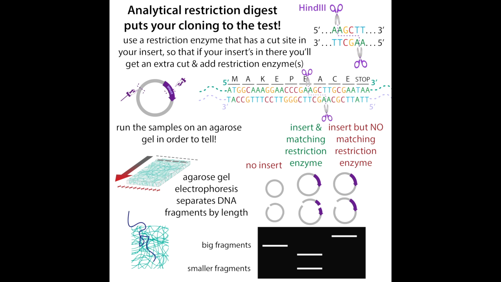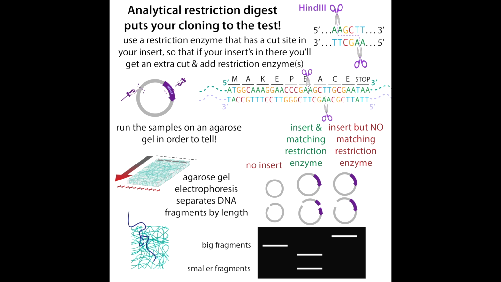If you choose a cut site that's only in the insert and not in the plasmid, then only if the plasmid has the insert will it get cut. Then you can use agarose gel electrophoresis to separate the fragments by size and see if the sizes are what you would expect if it has a certain number of cuts.